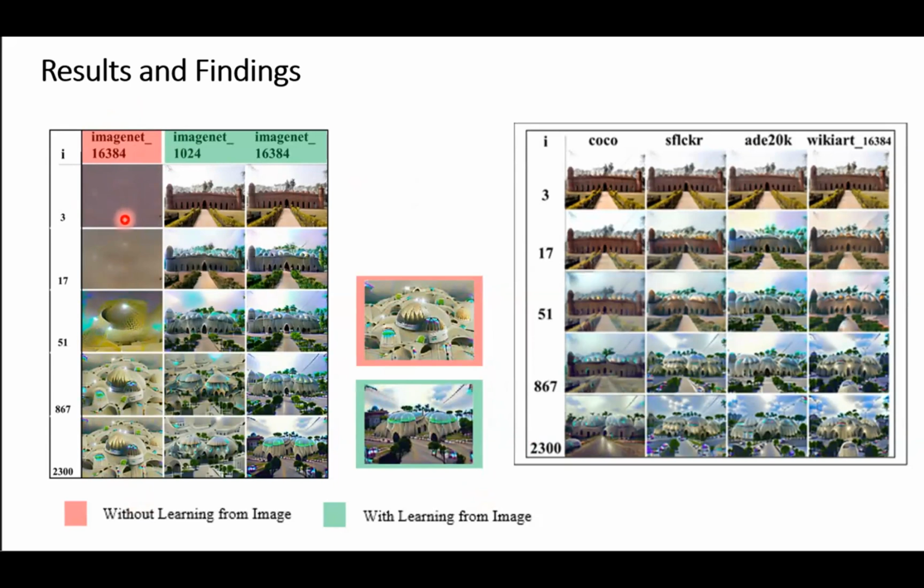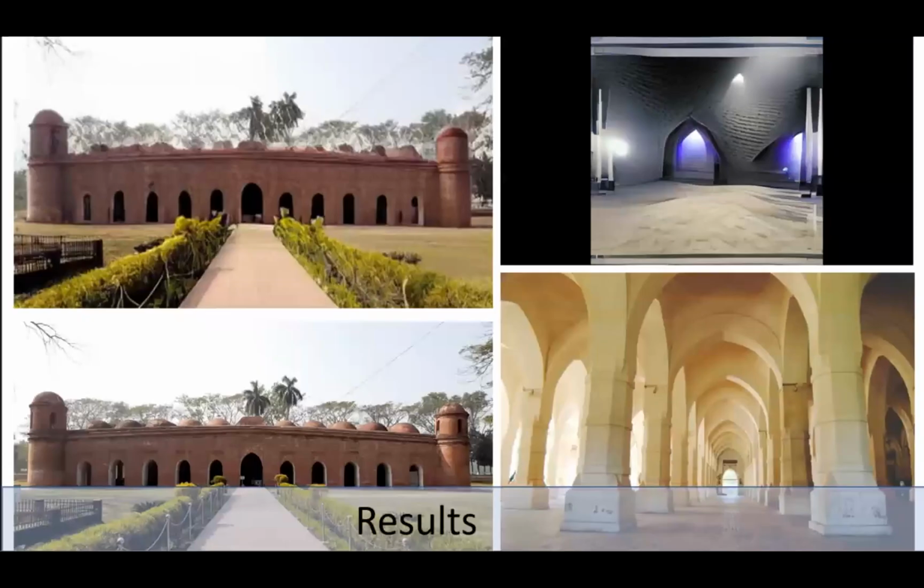Without the image, it formed something very ambiguous and abstract, not our desire. So we let it learn the Shorgambut mosque, and then we found a better result. We also found that different models and different datasets produce different shapes and outcomes.